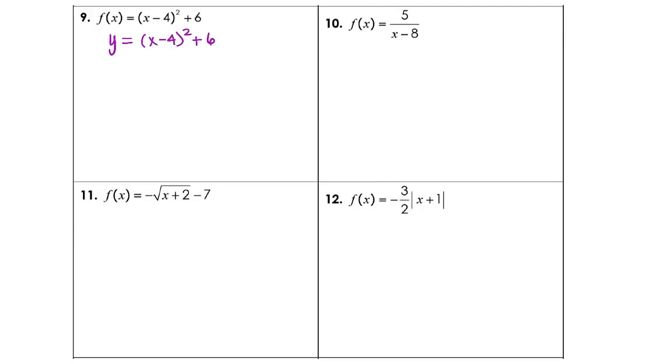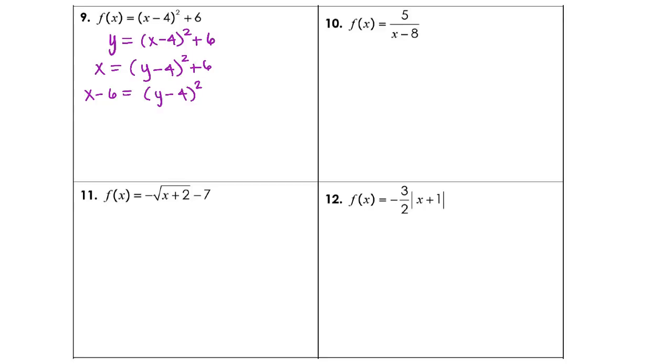And again, I'm going to change places with x and y. So I have x equals y minus 4 all squared plus 6. And again, we're going to solve for y. First thing I need to do is subtract 6 over. And so that's going to give me x minus 6 equals y minus 4 all squared.